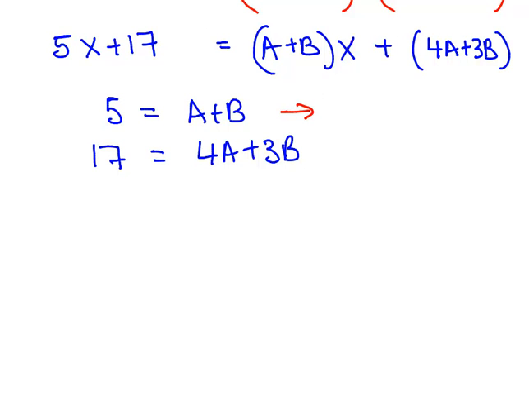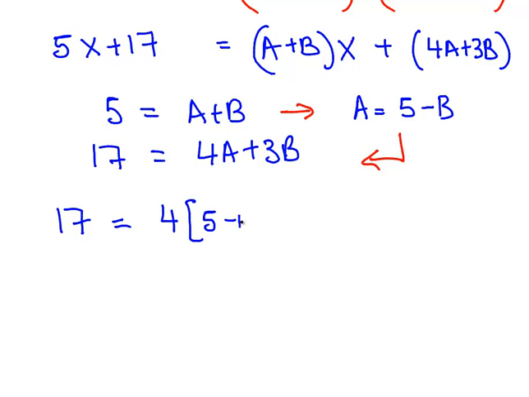5 equals a plus b. So that means that a is equal to 5 minus b. Subtract b from both sides. And we're going to substitute it back into the other equation. So we have 17 equals 4 times 5 minus b plus 3b.